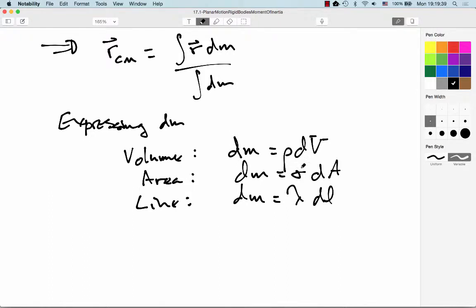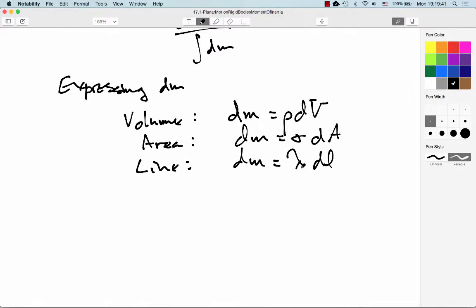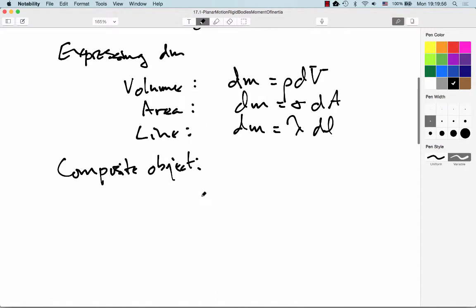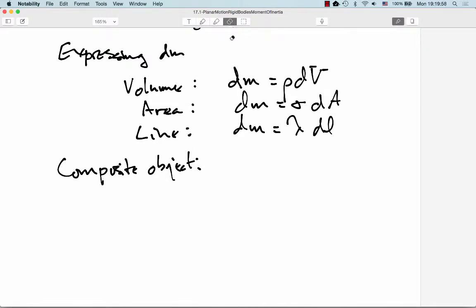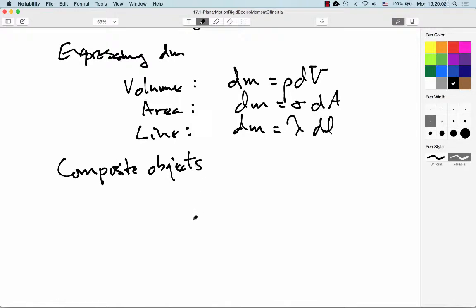Okay, so some of this we can figure out how to do if, say, we have a composite object, made up of pieces whose centers of mass we understand well.